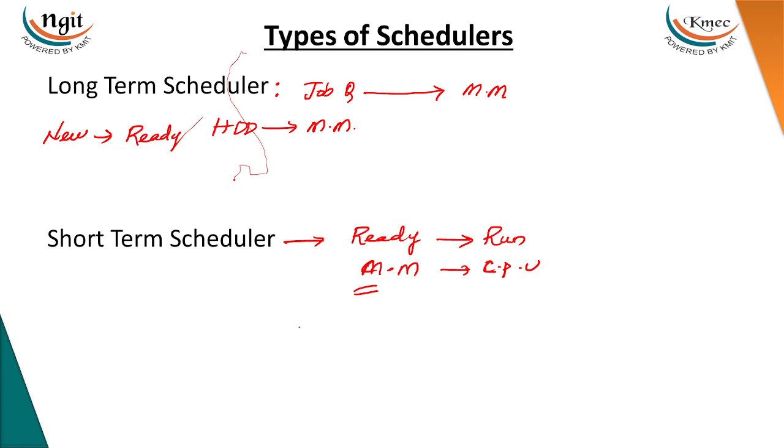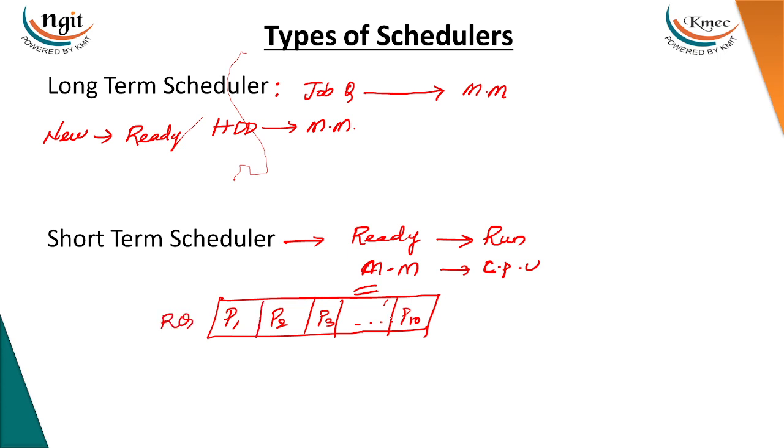There are processes residing in the ready queue that are ready to be executed by the CPU. The short-term scheduler schedules a process waiting in the ready queue and loads it into the CPU, selecting which process enters the CPU next.